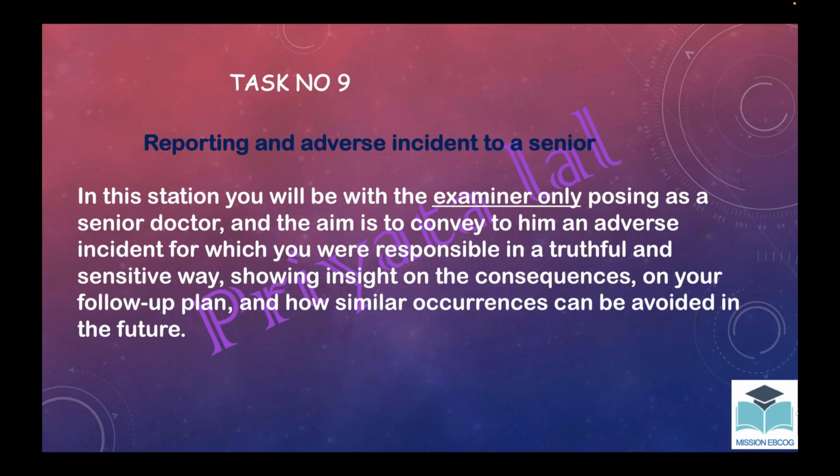In this station there would be an examiner and you will be there, and they will give you some incident that has happened, then how you will manage that, what would be the consequences of that incident, what will be your follow-up plan, and how you will prevent the same incident from happening in the future. So this would be your risk management station. This is a must to come.